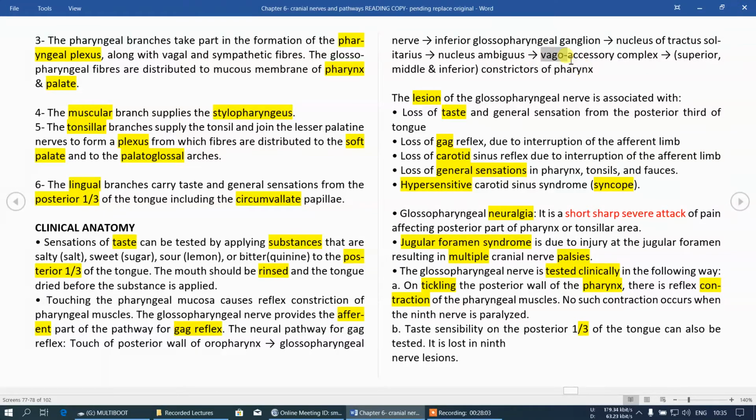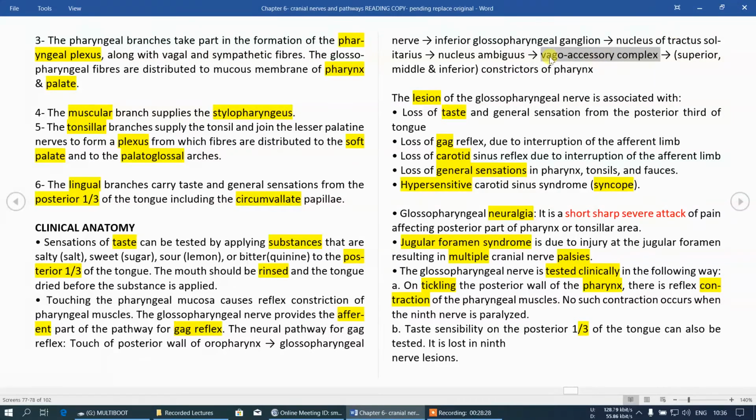So the combination is a pharyngeal plexus. The combination of the 9th and 10th cranial nerves, together with the 11th, is known as the vago-accessory complex. That means a plexus shared by these cranial nerves.